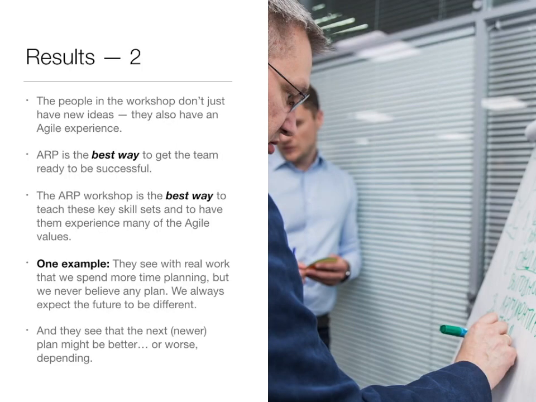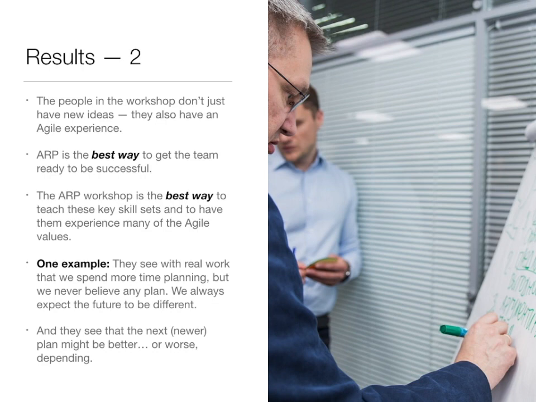So they don't just have new ideas. They've now had an agile experience of working together as a team to build the plan. Even for experienced agile people, this is often a bit of a surprise to them, how these things work. We find that the ARP, the Agile Release Planning, is the best way to get the team ready to be successful.